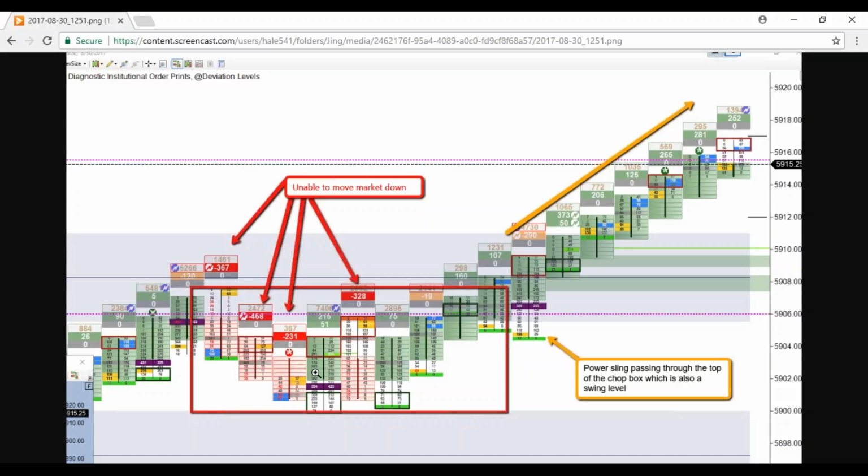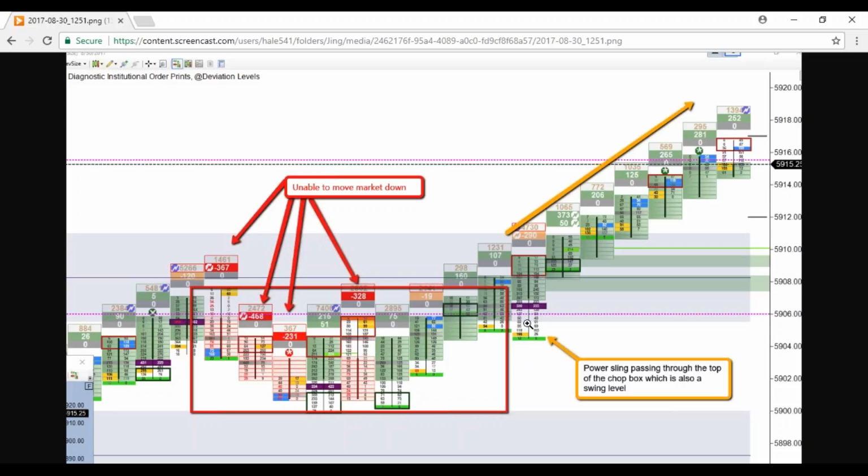We're in this chop box and we're seeing that ahead of time with a pretty good expectation that it's going to break up. It does break, and then what does it do? Pulls back, closes up with acceleration, with a cluster, and takes off. You see that? Now on a regular power play 4, you might have entered right in here, okay?